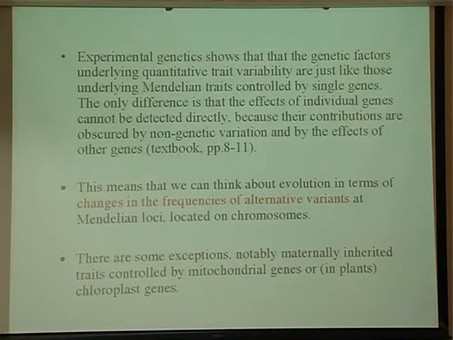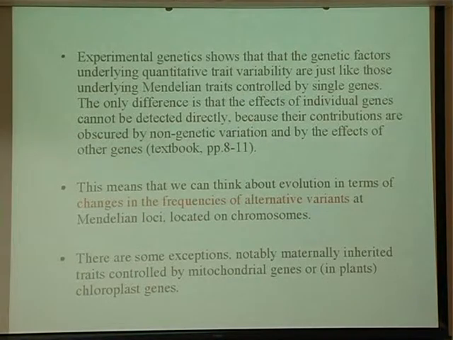There's many, many different places all over the genome that affect the trait, and their individual effects on the traits are quite small. So you can't easily track the effects of individual genetic variants. But we do know for sure that there's nothing special about the genetic variants underlying quantitative traits.